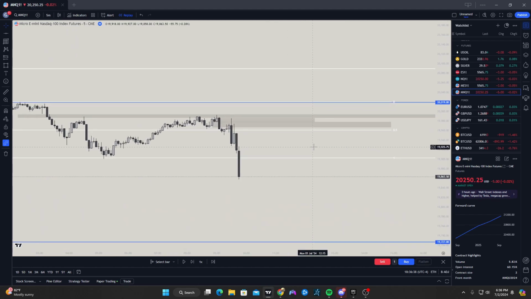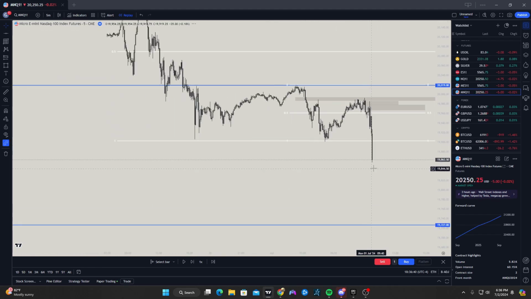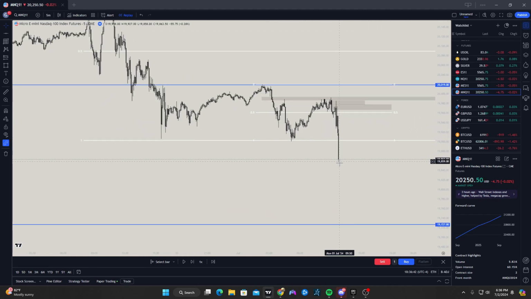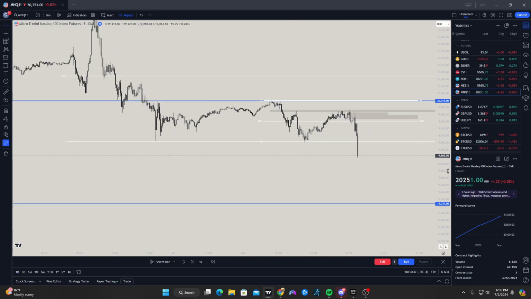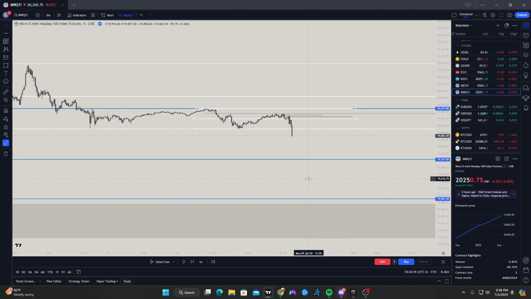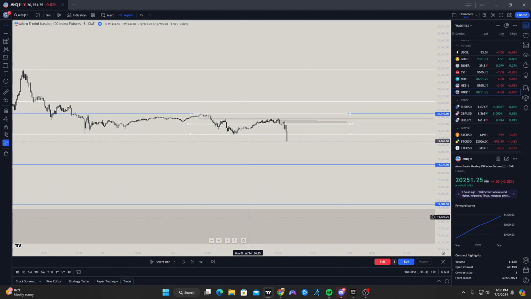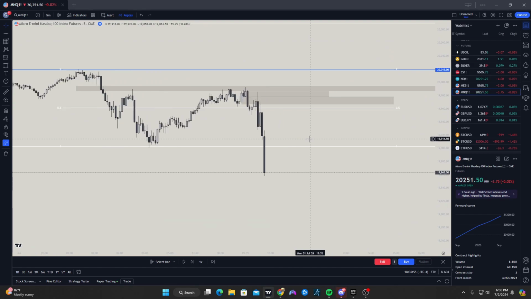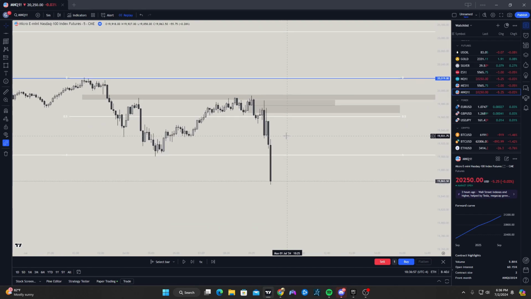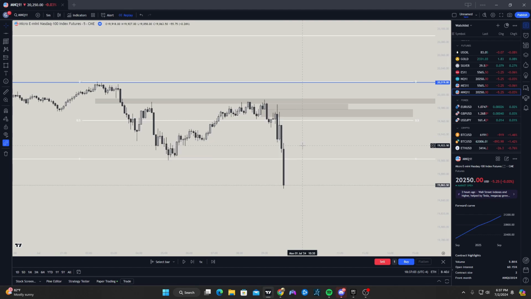Okay, so we can see it has the same effect as ES, and it's looking bearish. So like I said, I want to target these lows. Here, I wouldn't necessarily. A problem I found with myself is I'm too hesitant to enter positions based off of news.